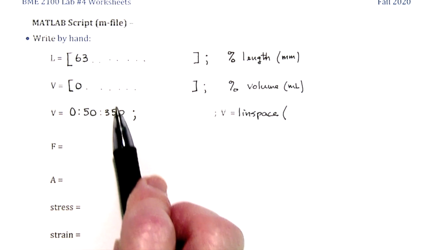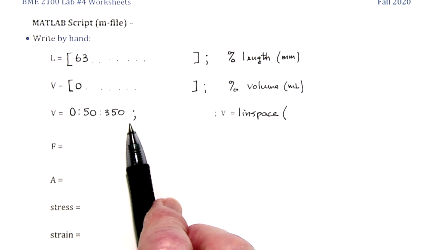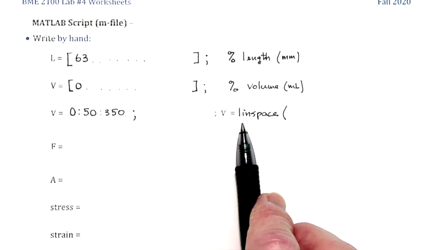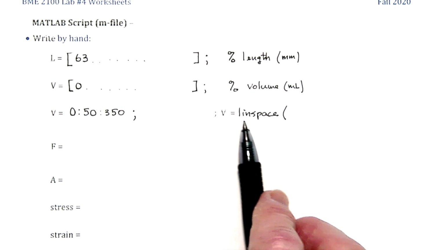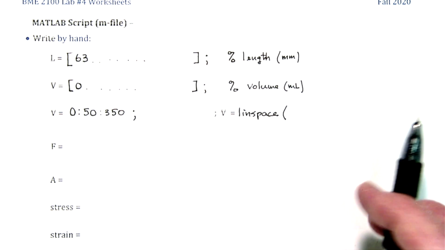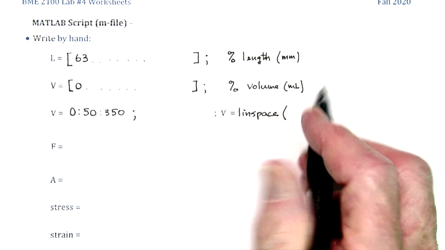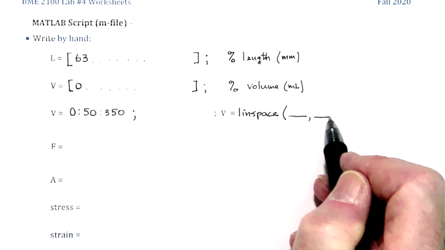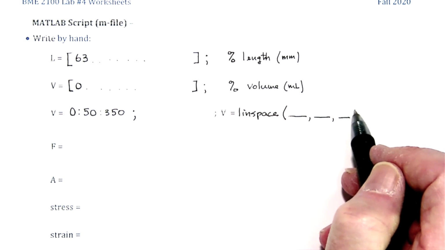Or if you're adventuresome, you might want to investigate a third way of making the volume vector called linspace, which stands for linear spacing. Inside the parentheses of the linspace command are 3 entries separated by a comma.